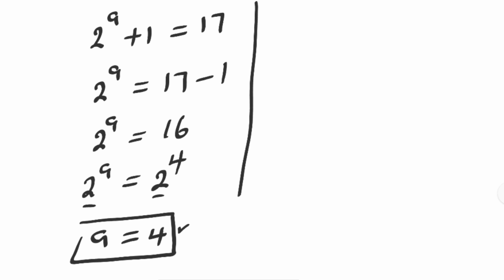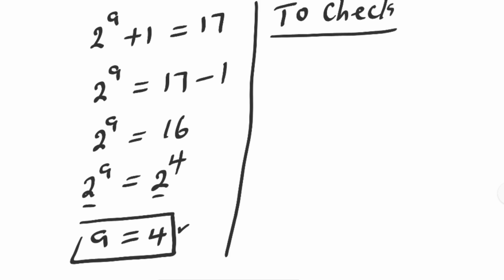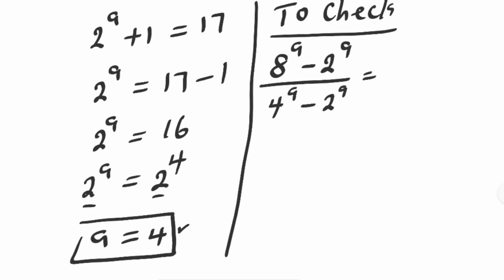Let us check. To check, we have the given equation (8^a − 2^a) / (4^a − 2^a) = 17.